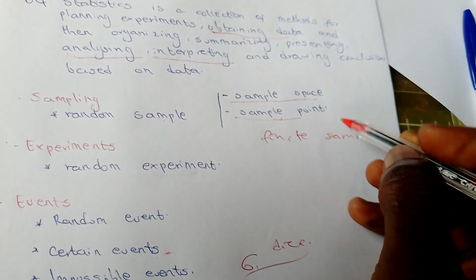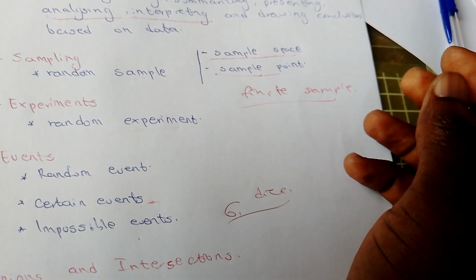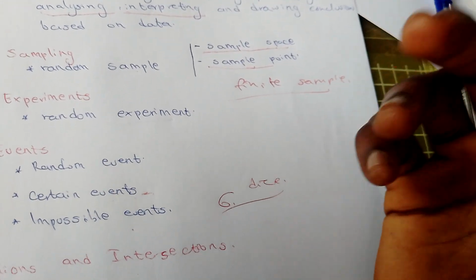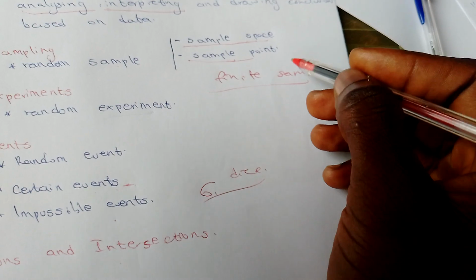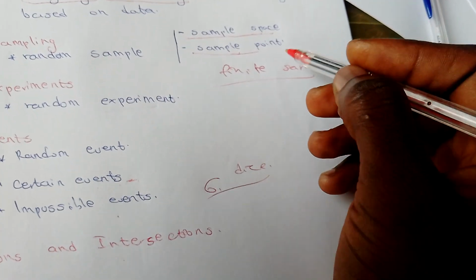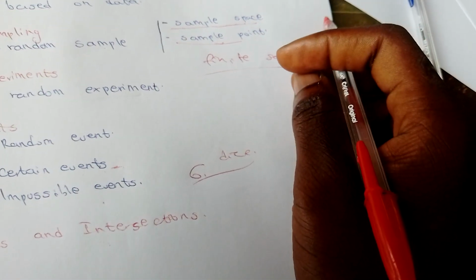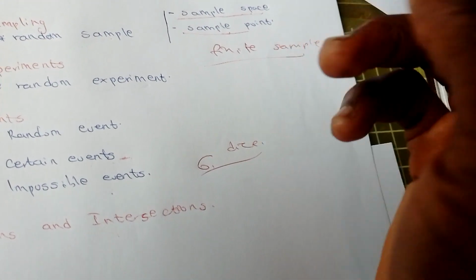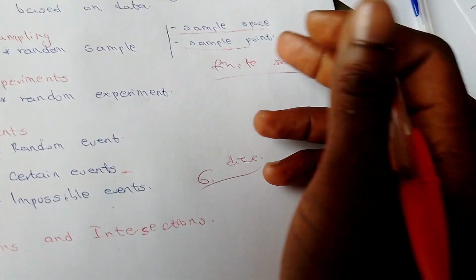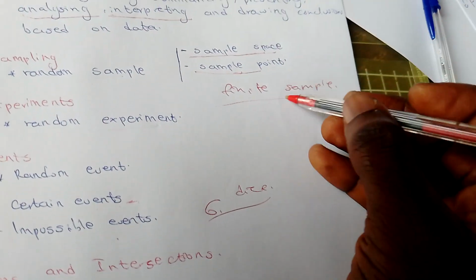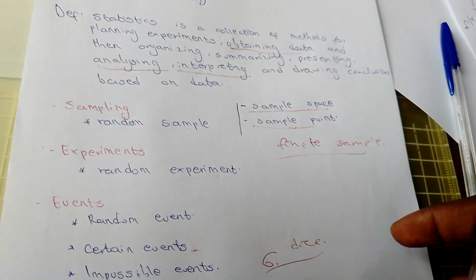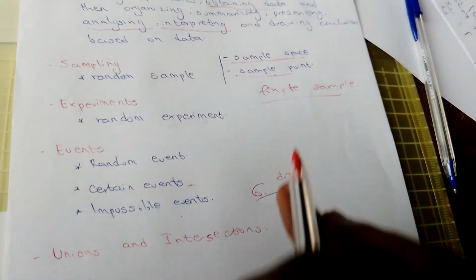So if a sample is finite, then you have a fixed number, right? You have a definite number. It can either be countable. So okay, we have countable infinite too. There are also possibilities. We have non-countable, finite events, discrete samples. Yeah. So all of those are terms, just the same idea.